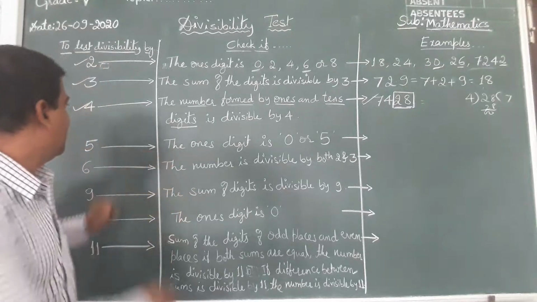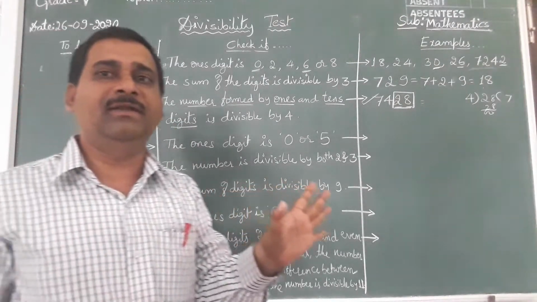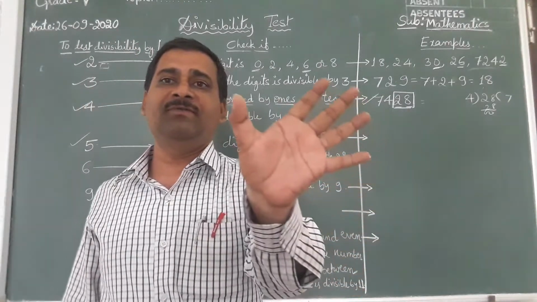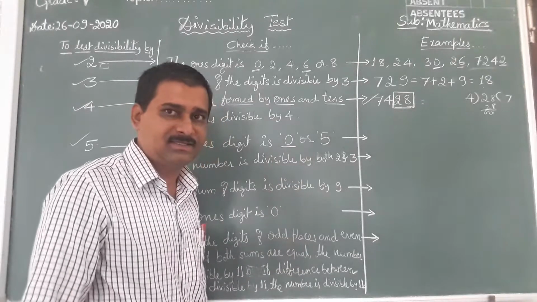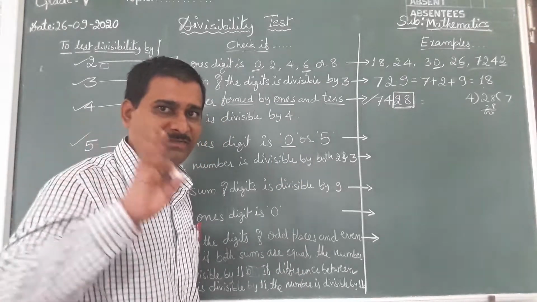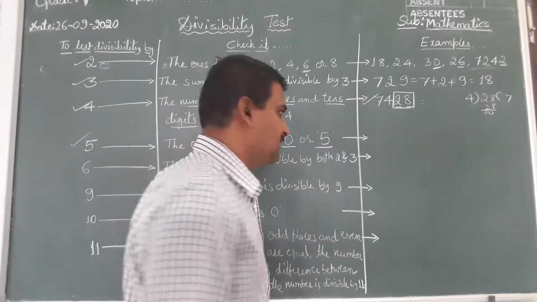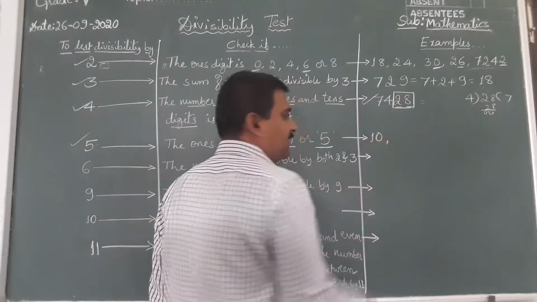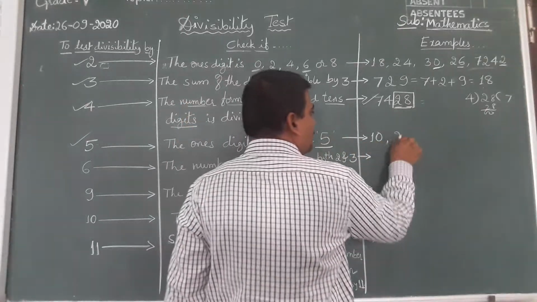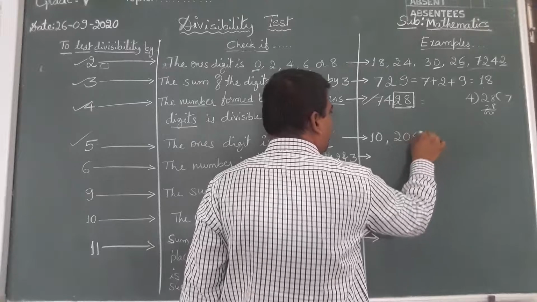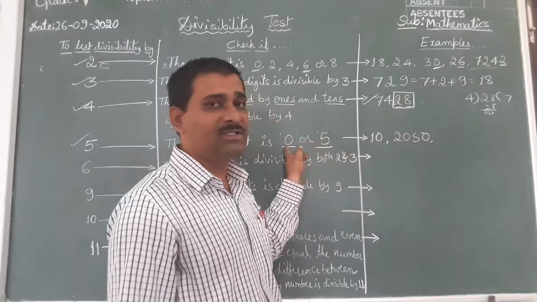Okay. It is very easy to identify. A number is given, how to identify that the number is divisible by 5? Simple. If you find 0 in the ones place, then the number is divisible by 5. Not only that, if you find 5 also in the ones place. For example, 10 is divisible by 5 because 0 is there in the ones place. 2050 is divisible by 5 because 0 is there in the ones place.